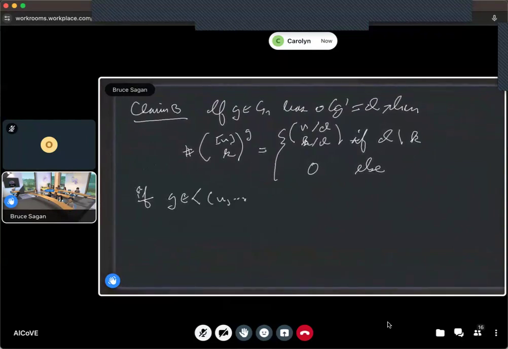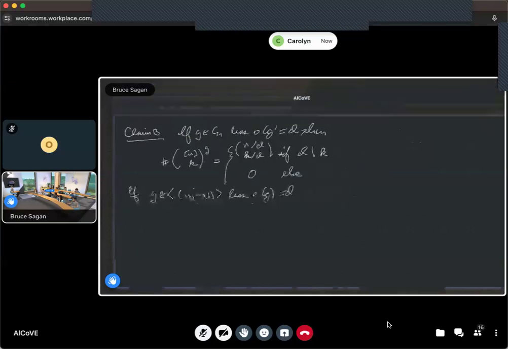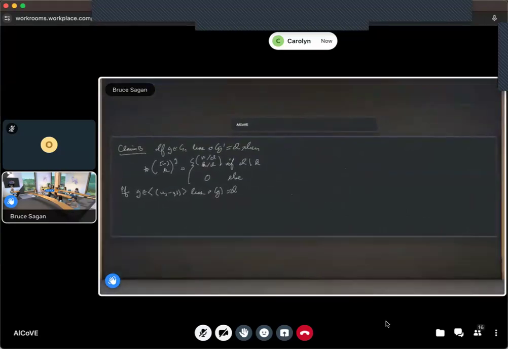So that means that G is a power of this cycle, and it has, of course, order D. What do powers of a single cycle look like? They have a disjoint decomposition where all of the cycles in that disjoint decomposition have the same length.